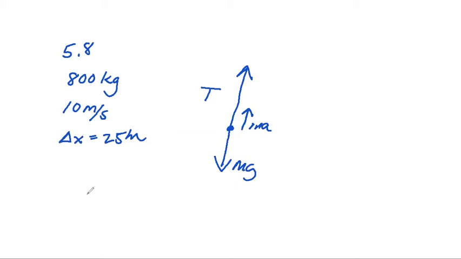So anyway, the sum of the forces in the Y direction, and we have no forces in the X direction. We're going to have T minus mg is going to equal MA. Right? Because MA and T are going in the same direction.